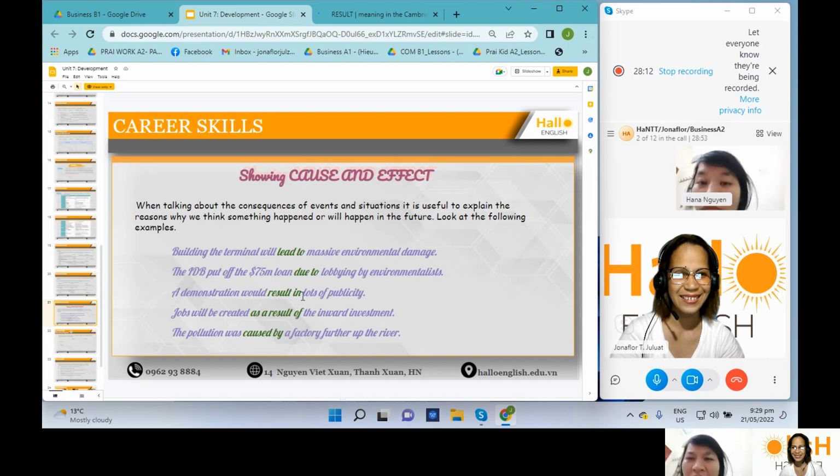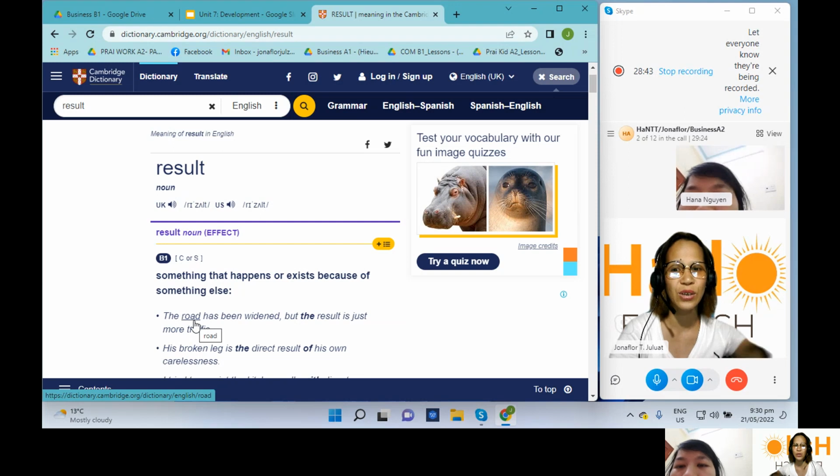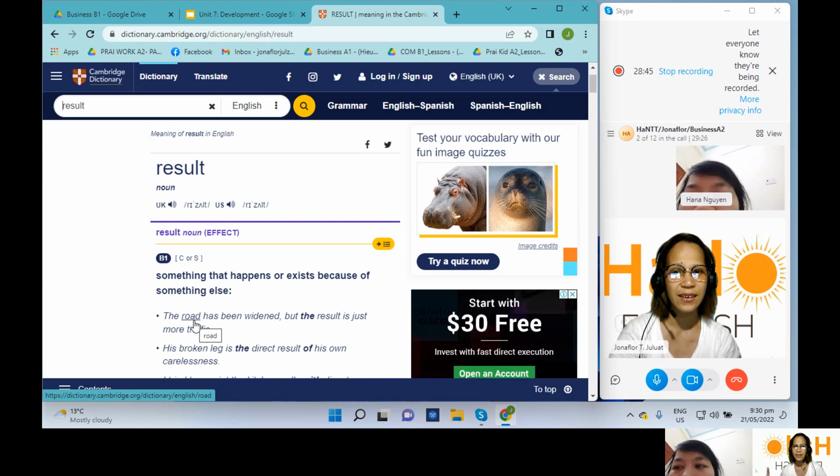Can you show me the meaning of result in the dictionary? Something that happens or exists because of something else. For example, the road has been widened, but the result is just more traffic. So the cause is the road has been widened, and the effect is just more traffic, right?